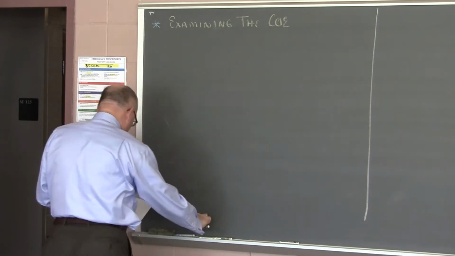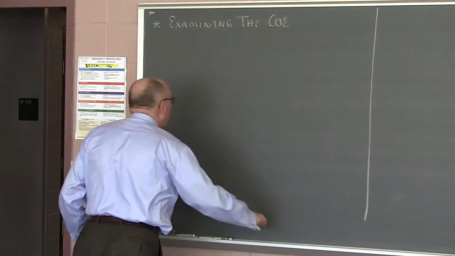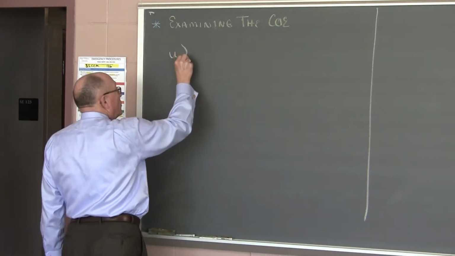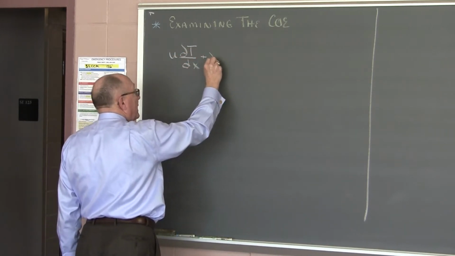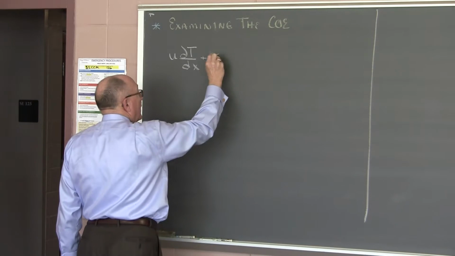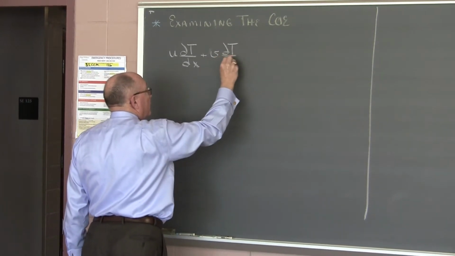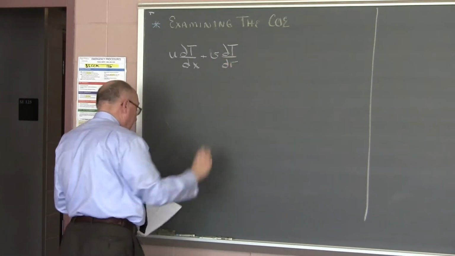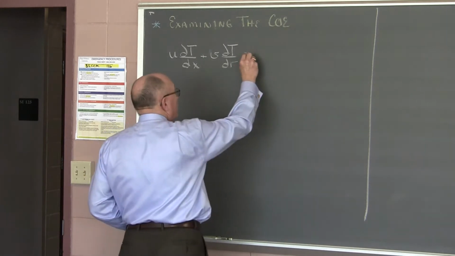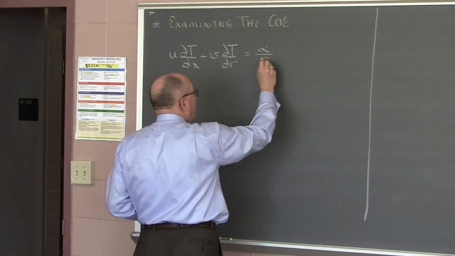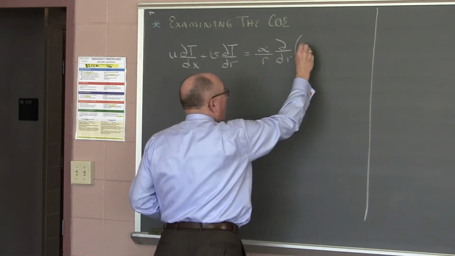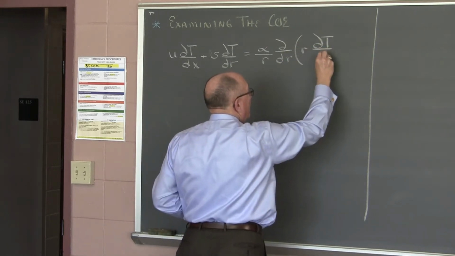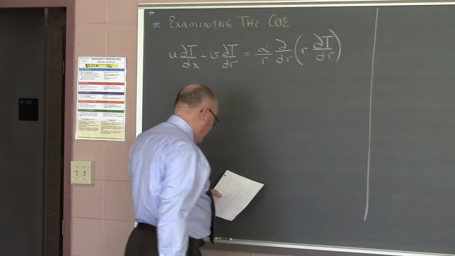Examining the conservation of energy. So we rewrite the conservation of energy. u times the partial of T with respect to x plus v times the partial of T with respect to r is going to be equal to alpha over r times the partial with respect to r of r times the partial of T with respect to r.